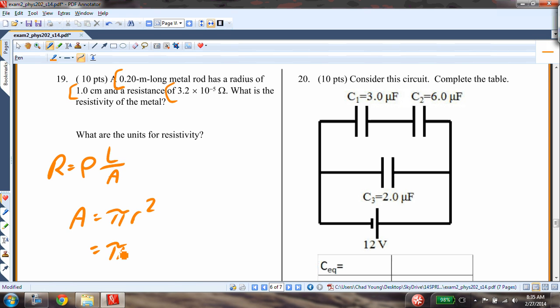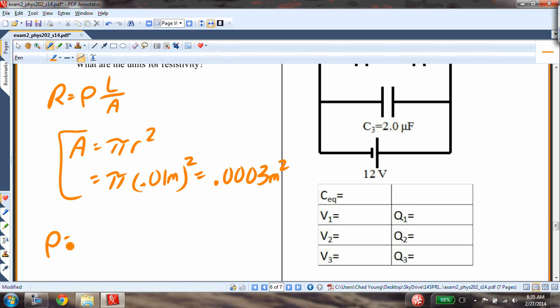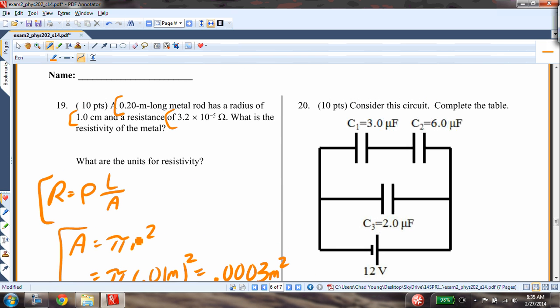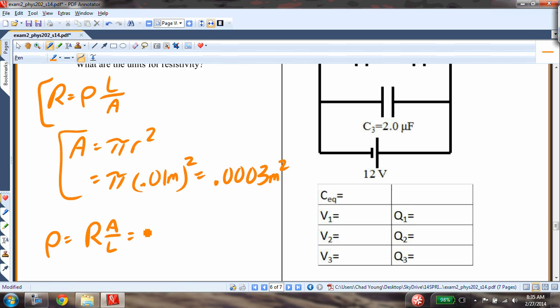Pi times the radius, which is 1 centimeter, so that's 0.01 meters squared. And I get an area of 0.0003. So that's my area. And now I'm looking for the resistivity. It is going to be RA over L. Just solving this for resistivity. The resistance is 3.2 times 10 to the minus 5 ohms.